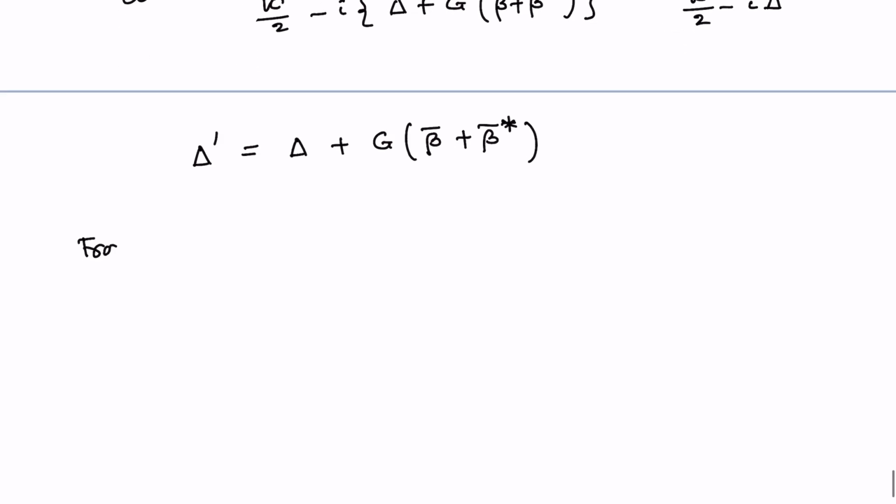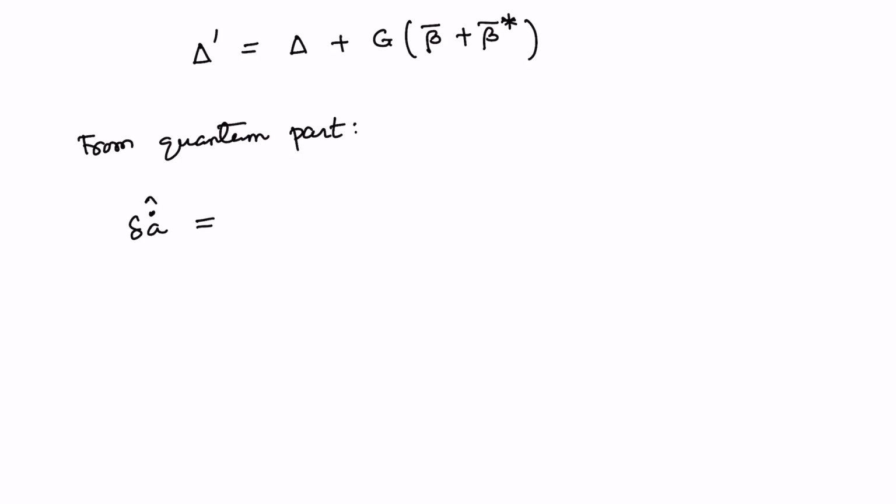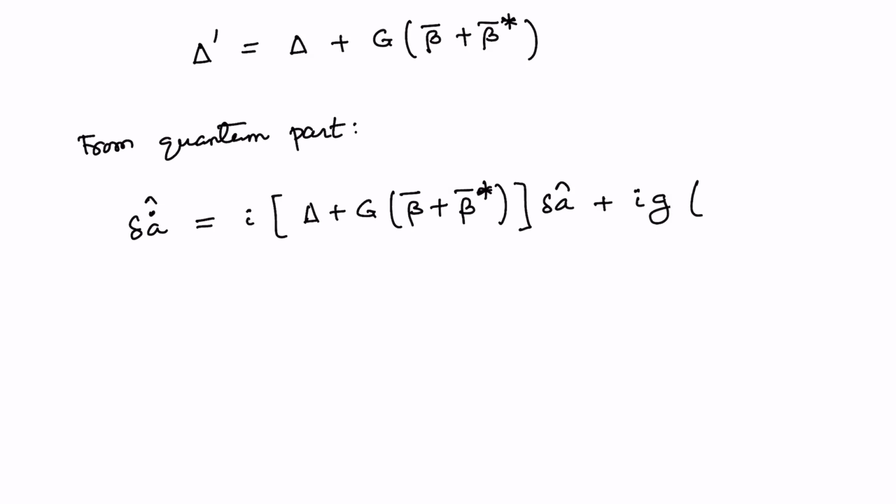From the quantum part, you are going to get delta A dot is equal to i (delta plus Z (beta bar plus beta bar star)) delta A plus i z (delta B plus delta B dagger) minus kappa by 2 delta A minus root kappa A in.